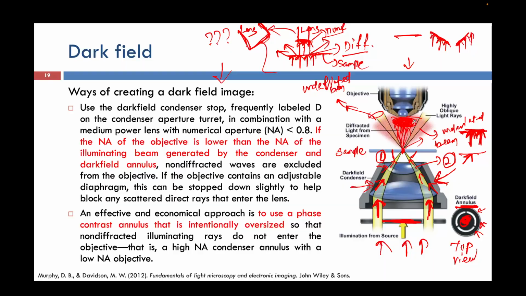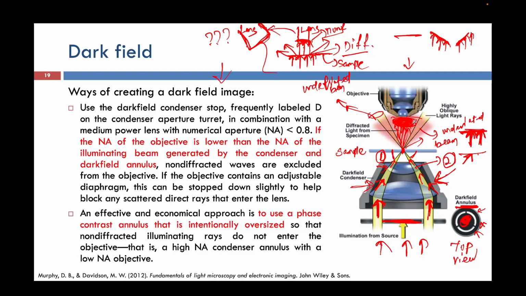That is why the cracks and the edges present in my sample in a very minute phase will be visible in dark field microscopy, because I will be getting those small amounts of diffracted beams which I would not have otherwise got in bright field microscopy. And so this is the mechanism for dark field microscopy.